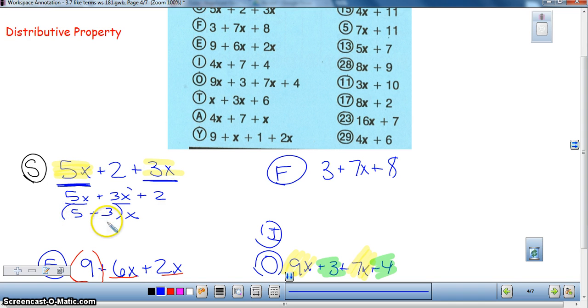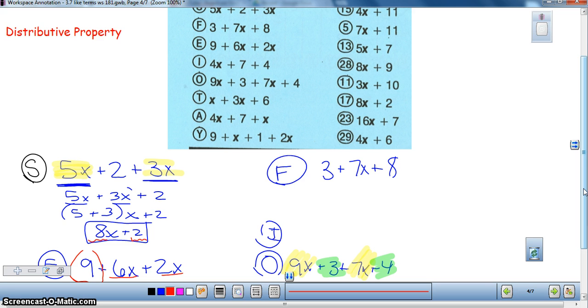Because of order of operations, 5 plus 3 gives us 8x plus 2. And my answer is 8x plus 2. Why not 10x, or why not just 10? Unlike terms. 8 has an x with it, 8 times x plus 2. Here again, the coefficient of our x would be 8. The constant would be 2.